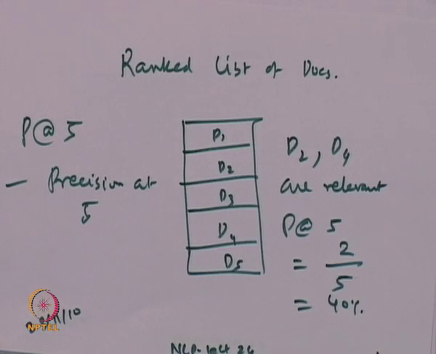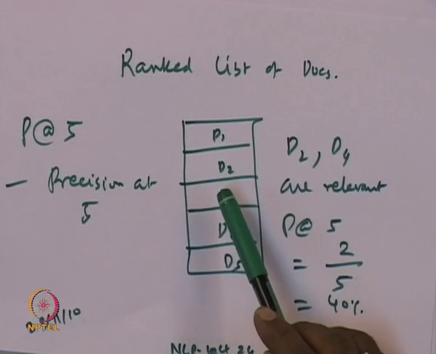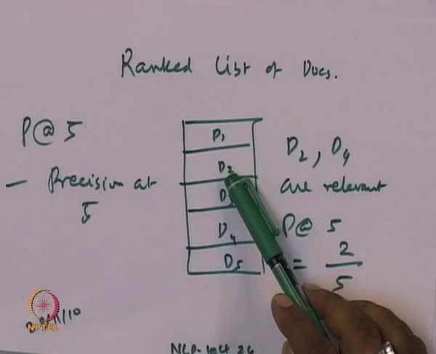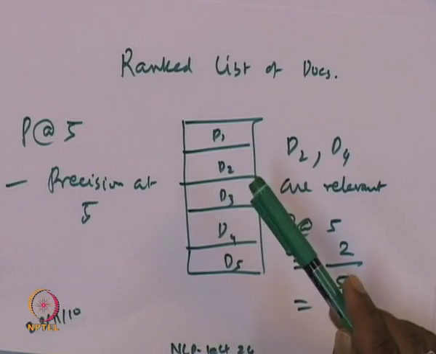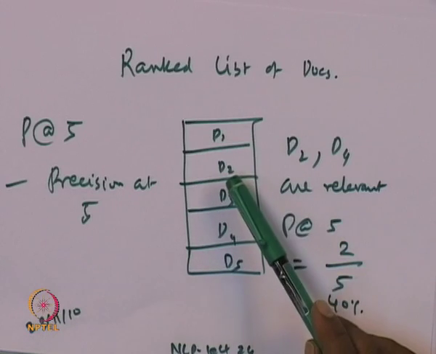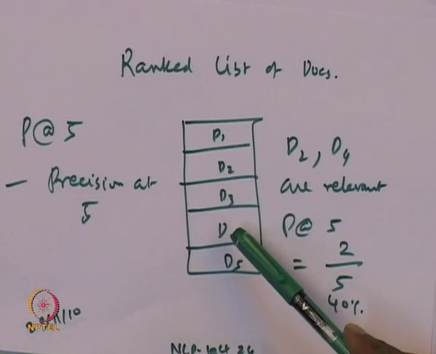So, precision is quite easy to calculate, but consider what will happen when we want to calculate recall. How will that be done? We have already seen that out of these 5 documents, D2 and D4 are relevant.